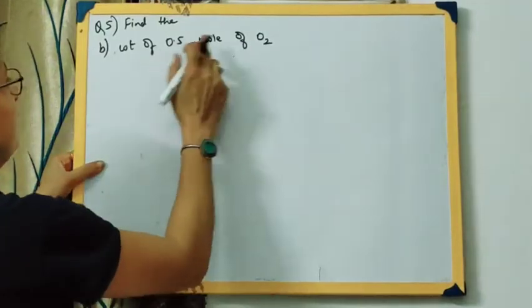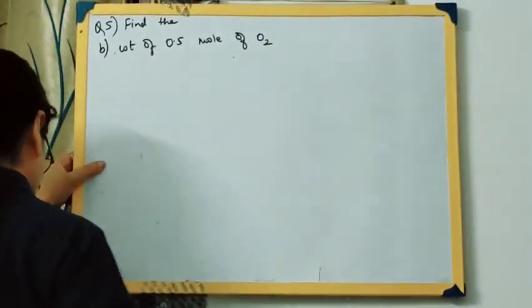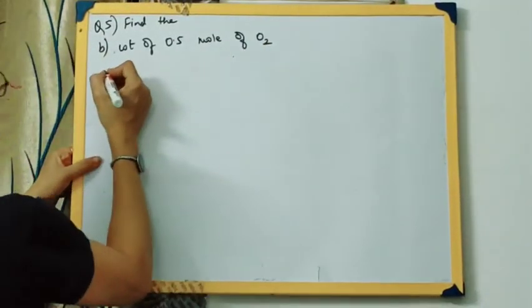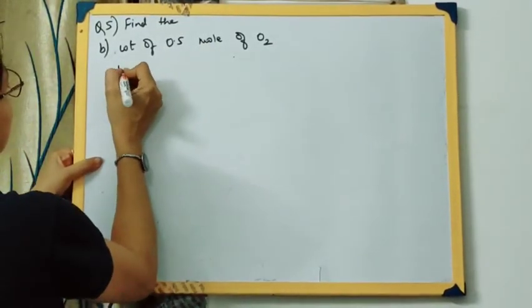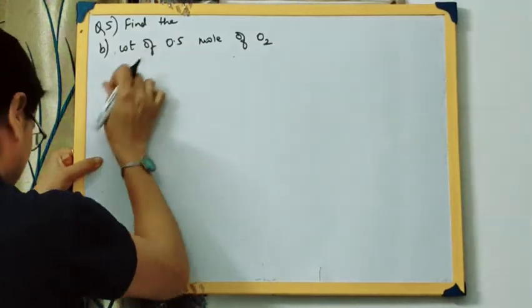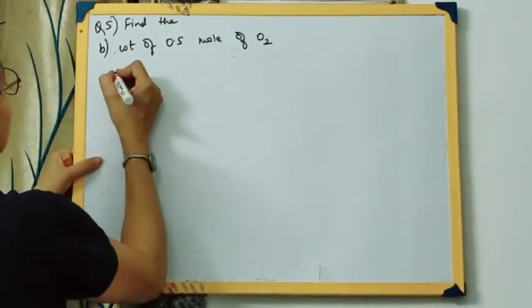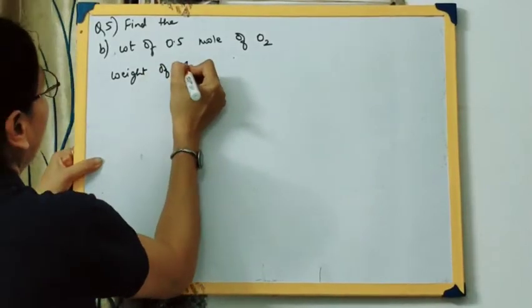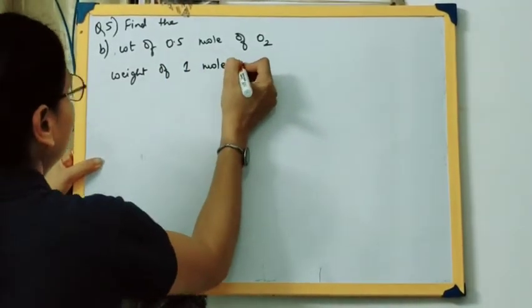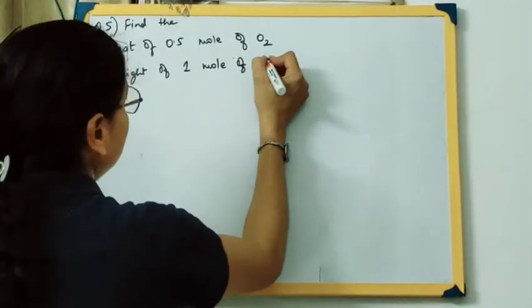Weight of 0.5 mole of oxygen. Now, first of all, we'll find out the weight of 1 mole of oxygen.